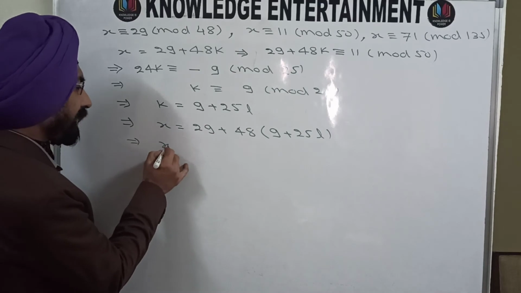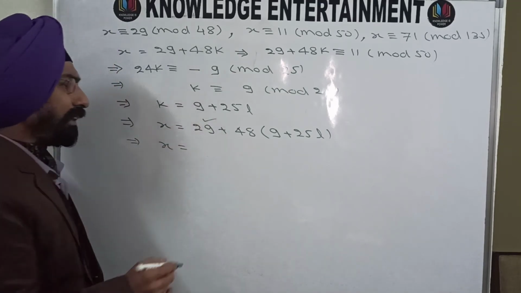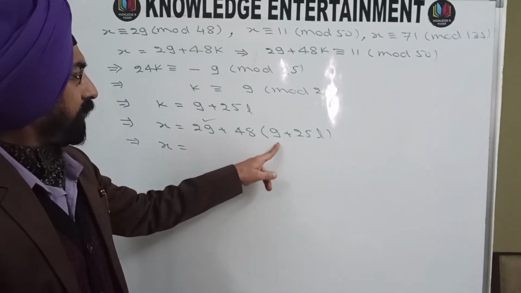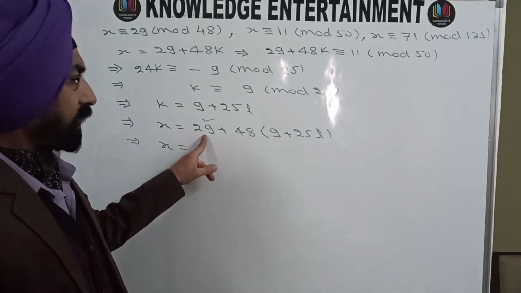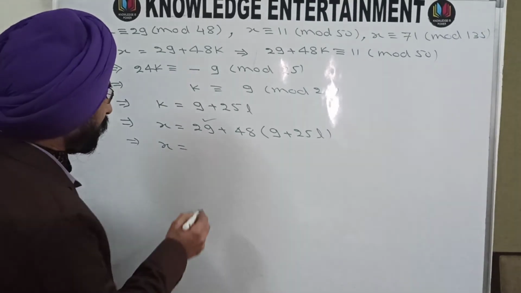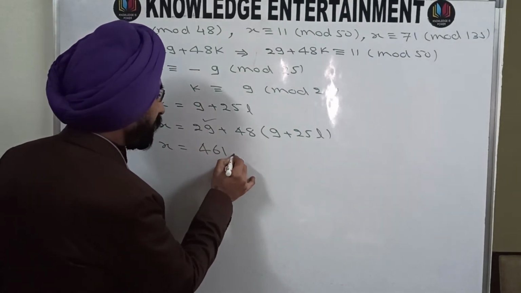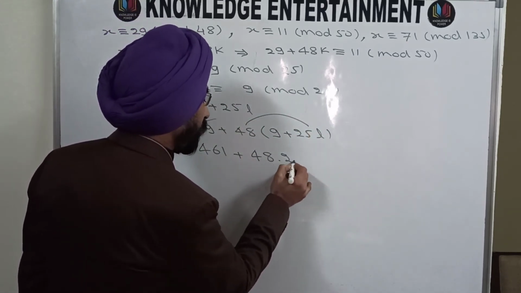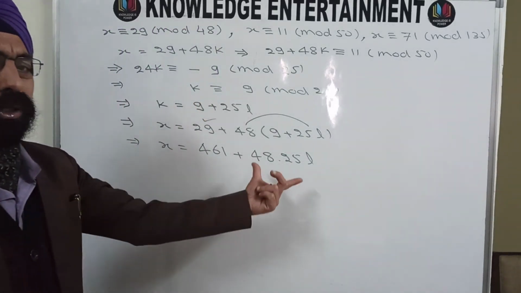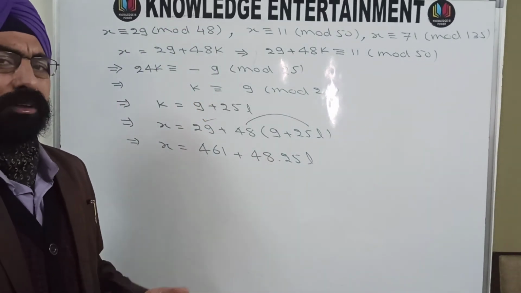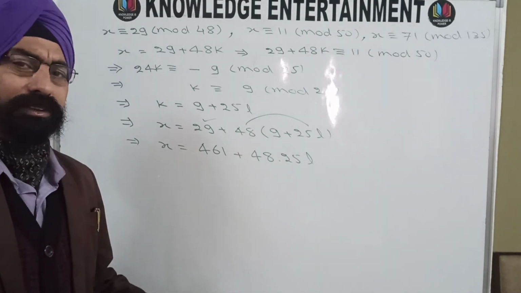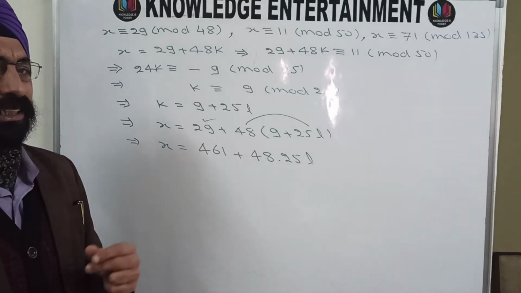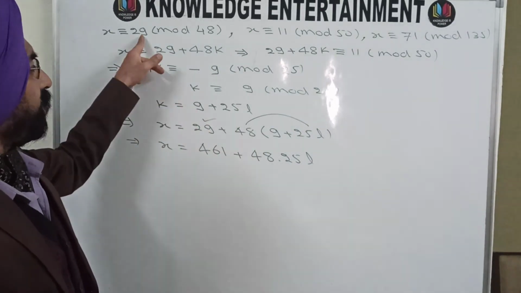Simplifying it, you will get x is equal to 29 plus 48 times 9. 48 times 9 is 432, plus 29, this is 461. So it is 461 plus, multiply these two and keep it as it is, 48 into 25L. I'm not going to solve this product because I don't need it. At the end you will understand why I'm not multiplying these two.